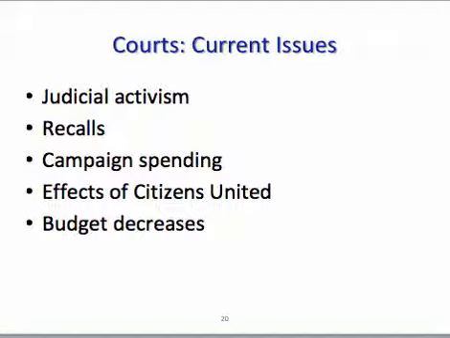Is it really realistic to think that a judge is going to decide even-handedly on a case when one side of the case has donated, say, $100,000 to his election campaign? Is that really realistic?